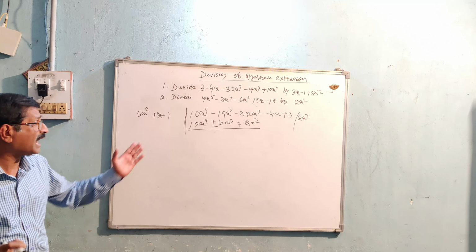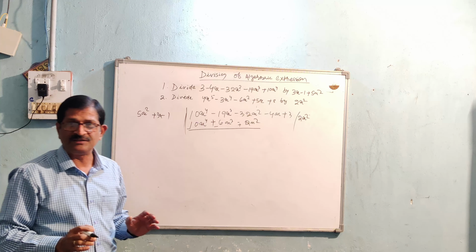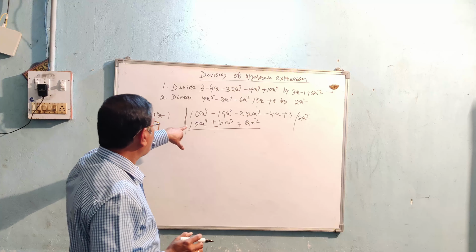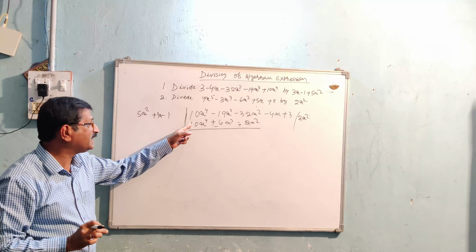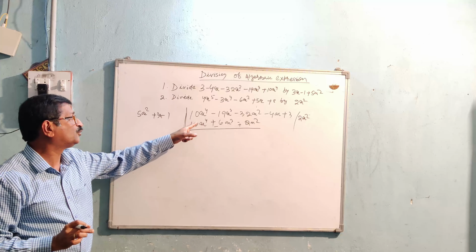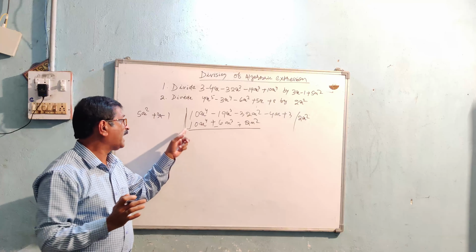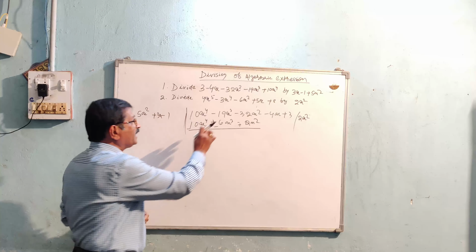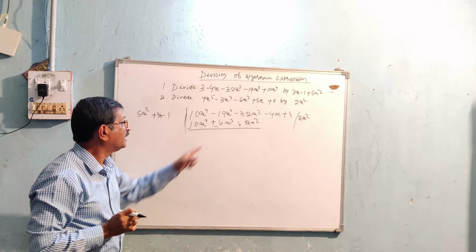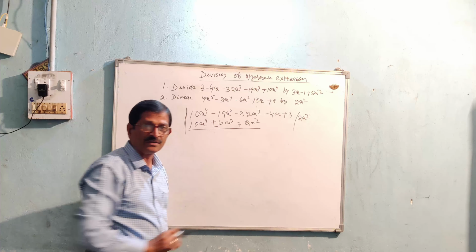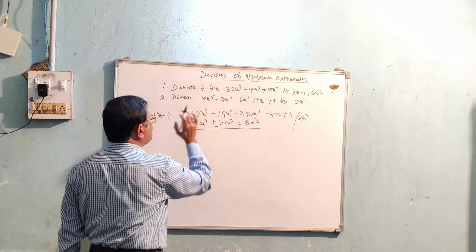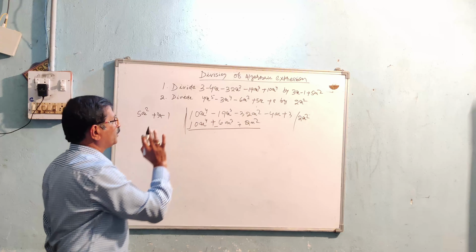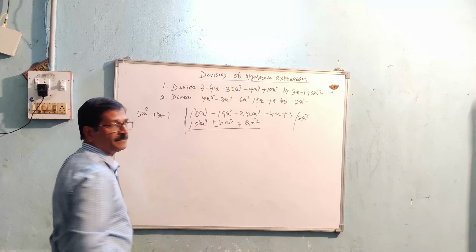Here you see this is minus, this is minus, this is plus. You may ask me, sir, how these signs have been changed? Whatever sign the bottom one is carrying, suppose here in this case it is carrying 10x to the power 4, it is plus sign, so I have made it minus. Here it is plus sign, I have made it minus. Here it is minus sign, I have made it plus. Now 10x to the power 4 positive in the upper one and 10x to the power 4 negative, so it is cancelled.